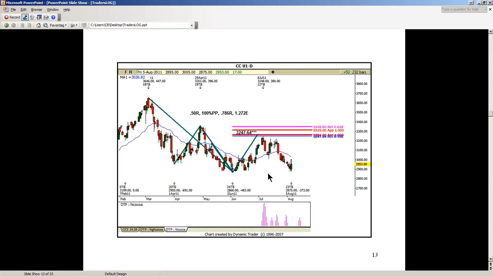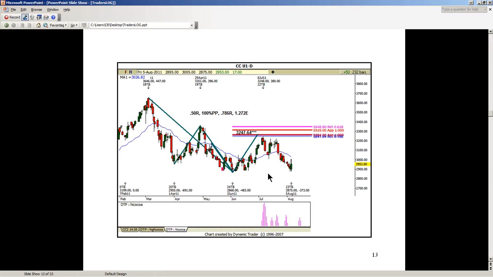Now also, I have to say that there are many zones that will be violated every single day, because I analyze over 100 different charts between the stocks, the ETFs, futures, and so on, and tons of zones are violated every single day.